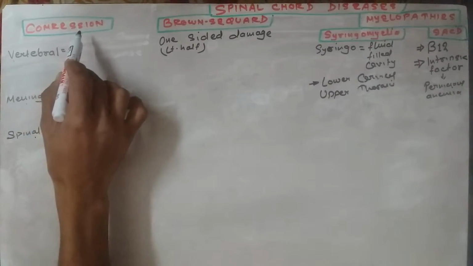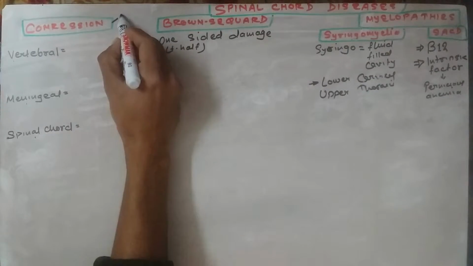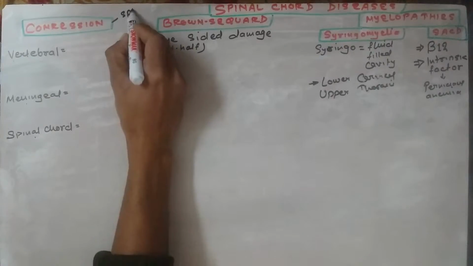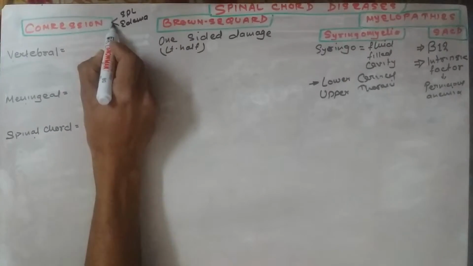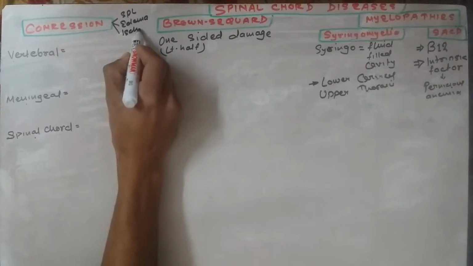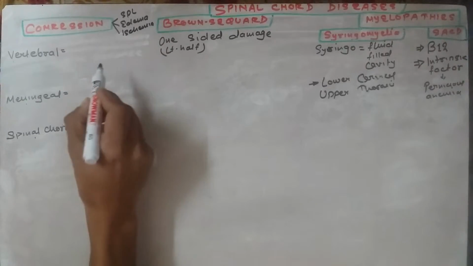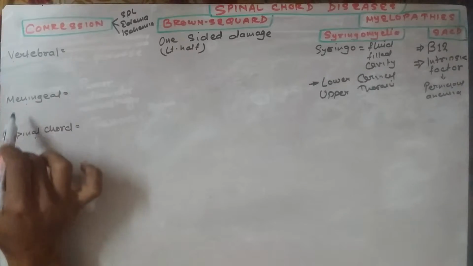The mechanism behind the compression of the cord can be due to a space occupying lesion which causes compression and damage to the nerve, or it can be due to edema caused by obstruction in the vein, or due to ischemia caused by obstruction in the artery. So these are the three mechanisms behind the compression, and it can originate from these three sources.